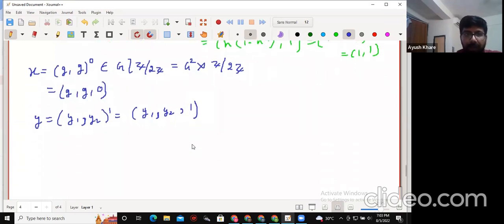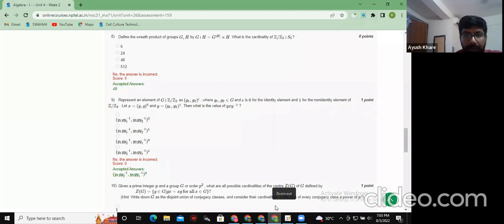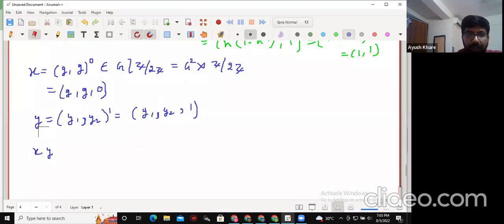Now you can compute what is X, Y, X inverse. Again, I'm giving you a word of caution: don't compute it as you compute in the product of groups. It's not the same as the product of groups. Here, the group operation is from the semi-direct product, Y, X, Y inverse.